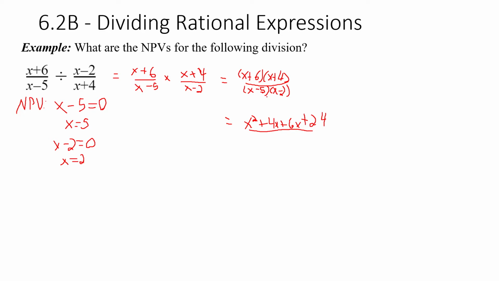All over x times x is x squared, x times negative 2 is negative 2x, negative 5 times x is negative 5x, and negative 5 times negative 2 is plus 10. Combine together your like terms, and you get x squared plus 10x plus 24 over x squared minus 7x plus 10.